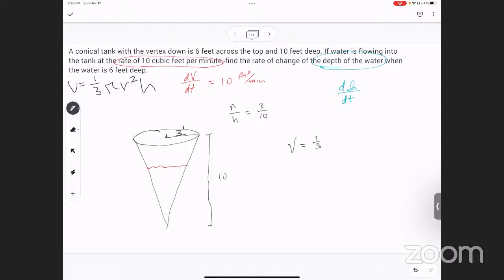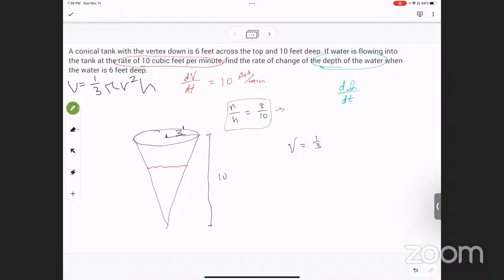Why did you do h over 5? I mean 3h over 10. There you go. Okay, yeah. So this is our formula here. Good. So our formula right here, that's why I wrote that earlier.